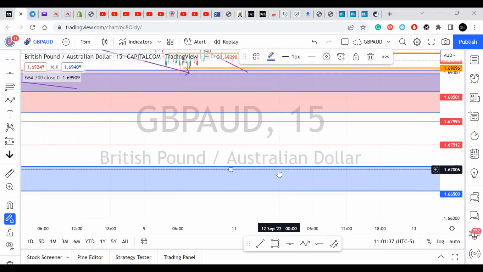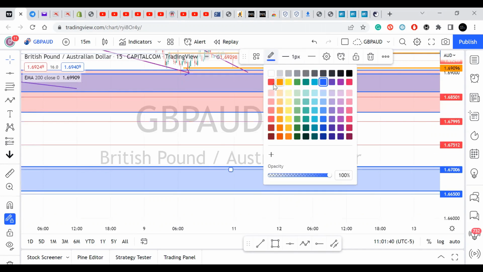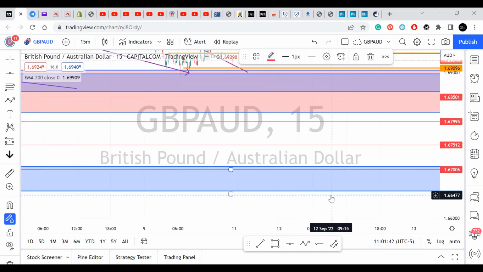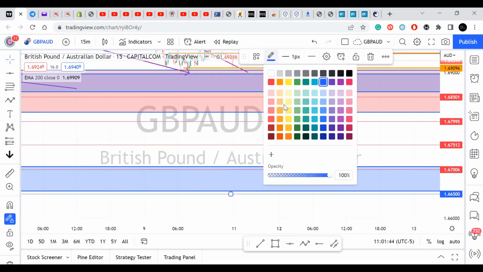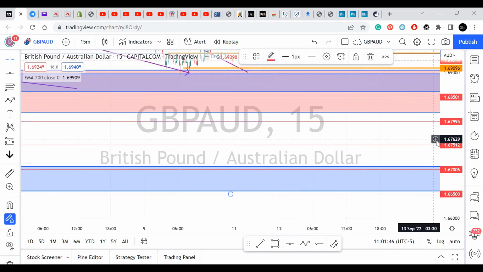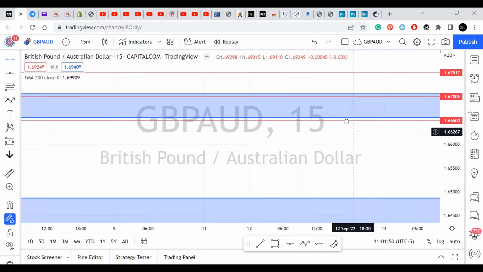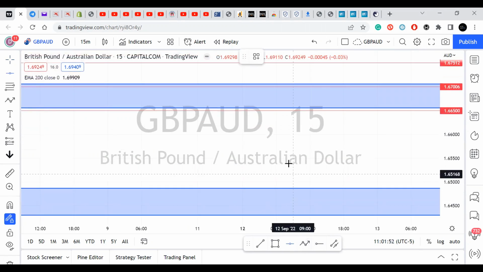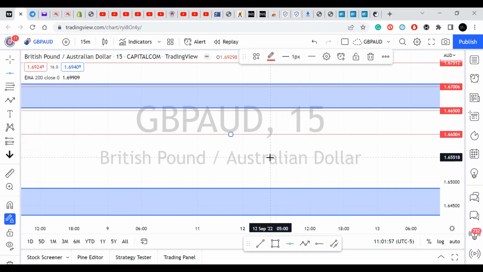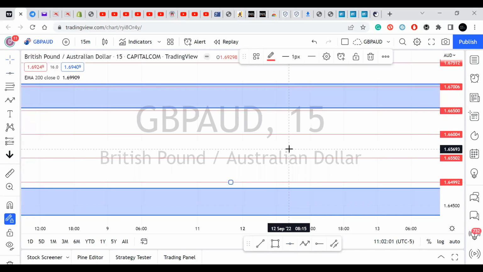The only thing that pisses me off about this pair is that sometimes it tends to range a lot. Most times it just keeps ranging, but if it's moving, this is a very good pair to trade and to make quick money on, because it moves better than GU. It gives you more pips than GU in a single day.